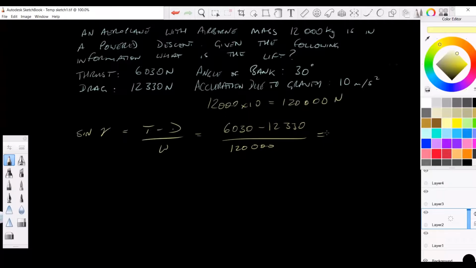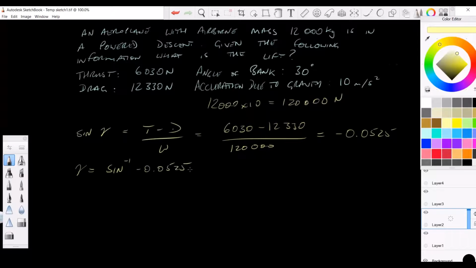Okay, so divide by 120,000. So I've got here negative 0.0525. So that's sine gamma. And again, I hope you know by now how to invert the sine function. So if I know the sine of an angle and I want to know that angle, then gamma is inverse sine, sine to the minus 1, of negative 0.0525.